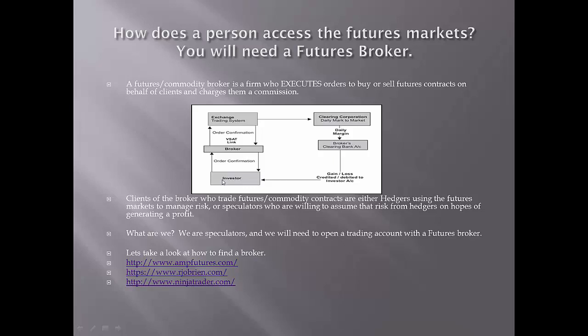And we can just see through this little flow chart here, an investor or a speculator in our case. We confirm our order with the broker, who then places that order on an exchange or a marketplace. Once that order is transacted, the order is held by the clearinghouse.